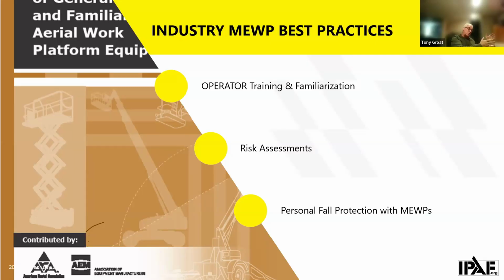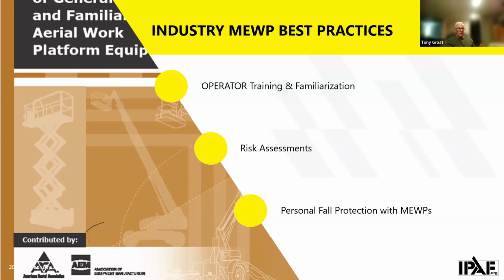Because they were written in 2010, 12, we've had multiple industry standards published since then, which means they needed to be updated as well. That's why we're going through this process to update these industry best practices.